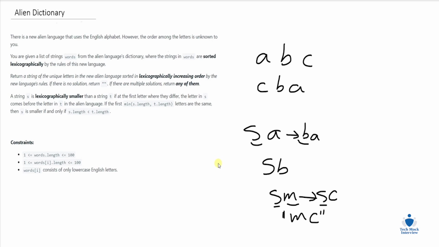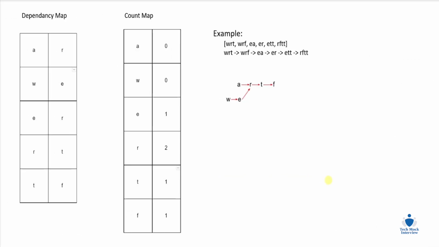So let's actually get into the next section. Okay, as I explained in the previous section, we're going to be using a concept in this problem called topological sort in order to sort the letters of the alien language.